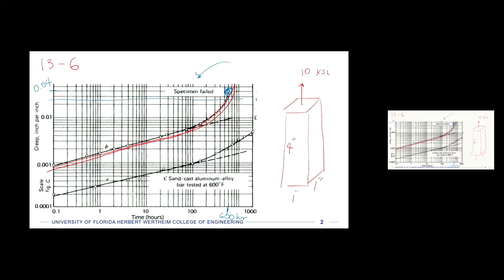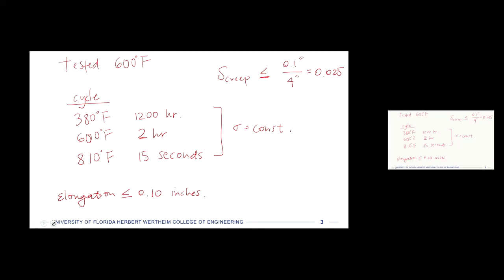We can go over, and then we could read off the time from that as well, right? We can use either one of these to calculate what this parameter is, and the points are very close on the curve. So I'm just going to use 600 degrees and 600 hours to have that be our Larson-Miller parameter that we're going to use going forward.